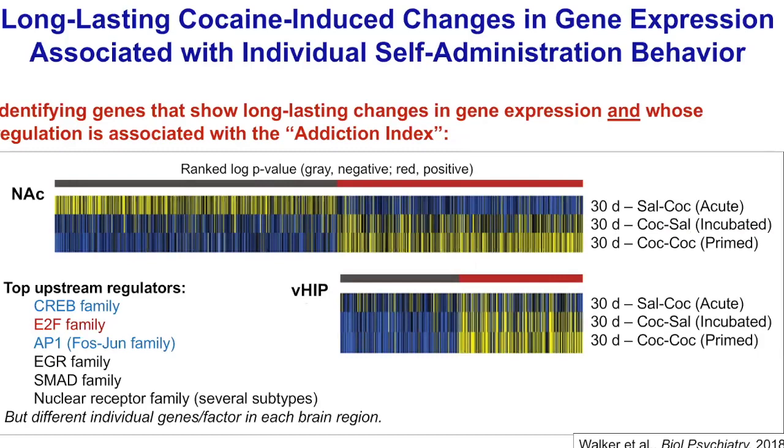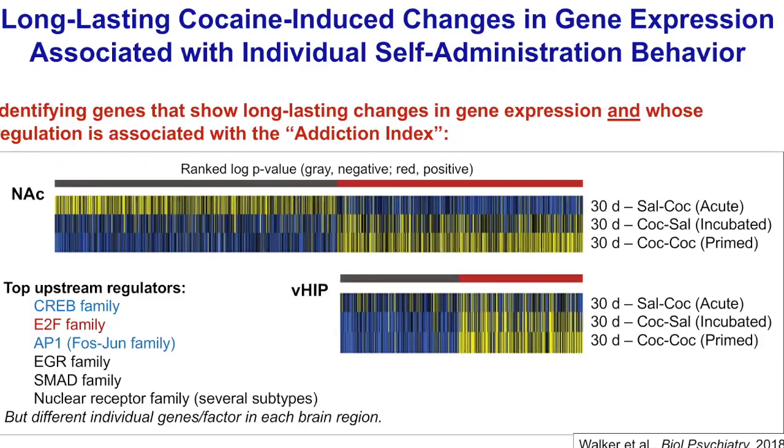This suggests that one might be able to predict an animal's future addictiveness simply based on their transcriptional response to their first ever cocaine exposure, even though the direction of response of individual genes may vary. You can see that pattern quite apparent in nucleus accumbens; it is not evident in the ventral hippocampus.